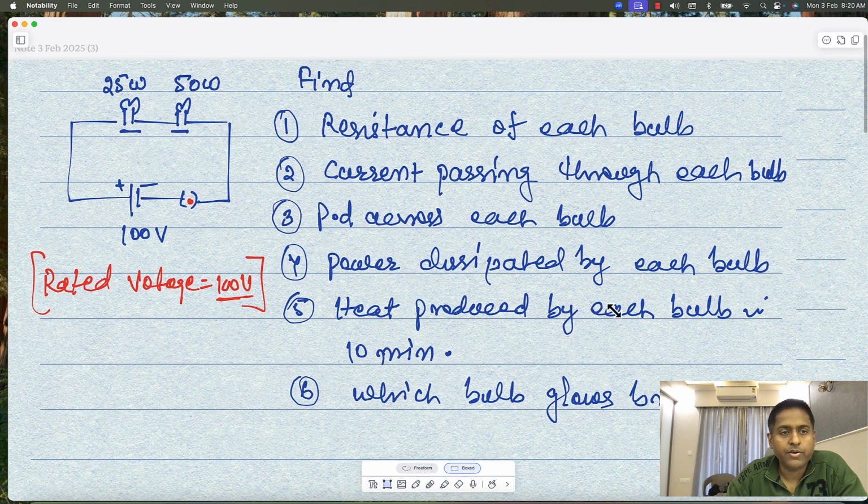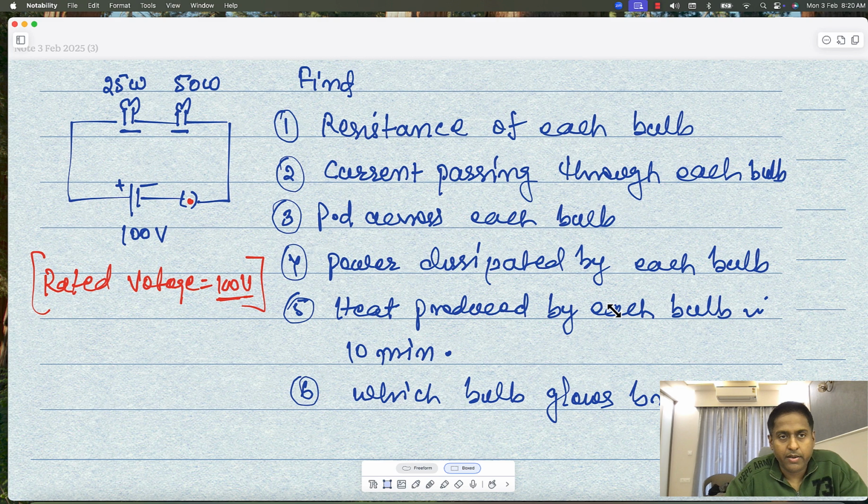In the first question, two bulbs, 25 watt and 50 watt, are connected in series. The rated voltage of these bulbs is 100 volt and the applied voltage is 100 volt. Applied voltage means the voltage of the battery, the potential difference of the battery, that is also the EMF of the battery.